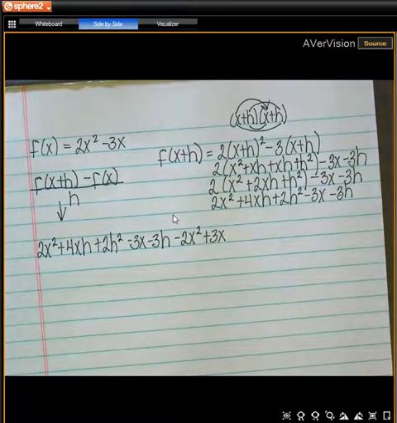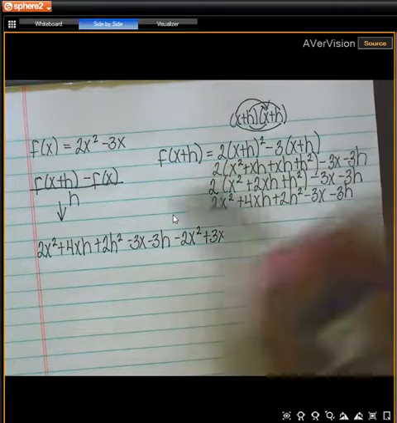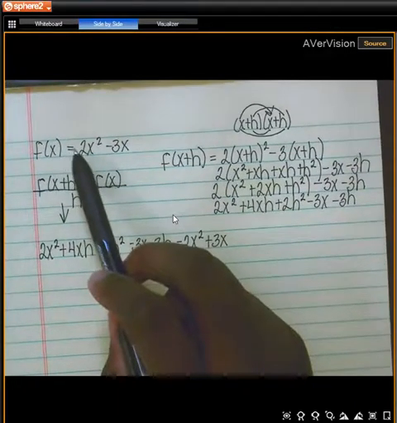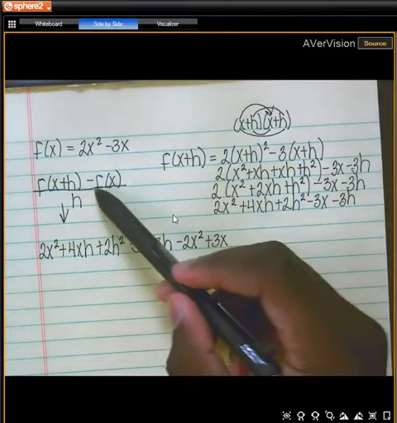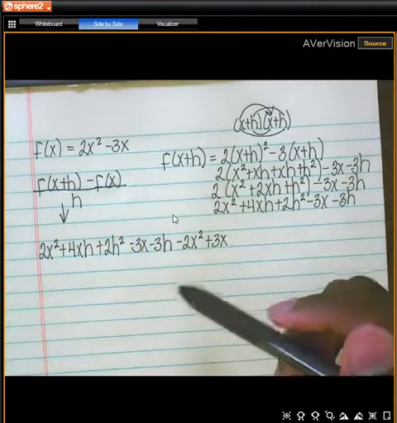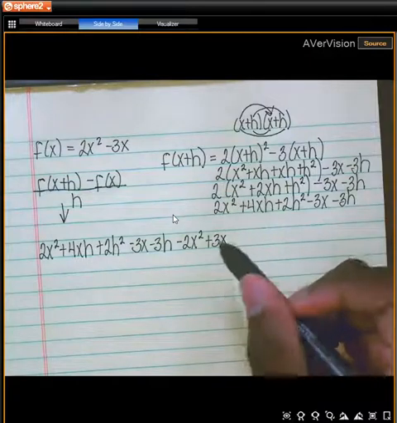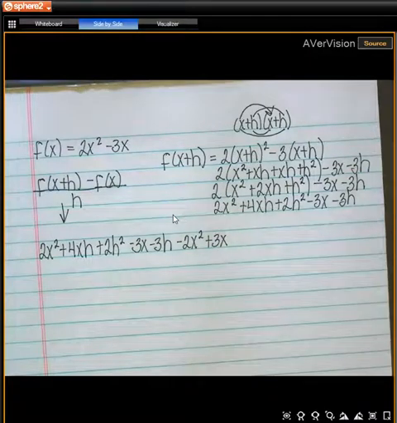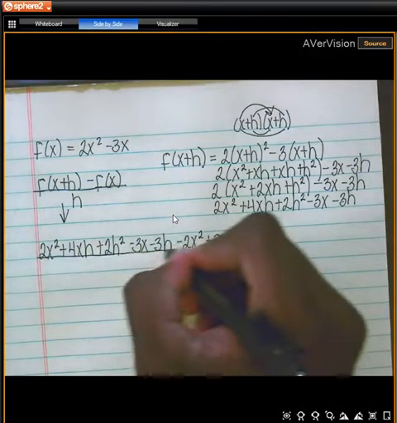Any questions on how we got that? So f of x we were given to be 2x squared minus 3x. So negative f of x just means we make the signs opposite. And all this is divided by h.